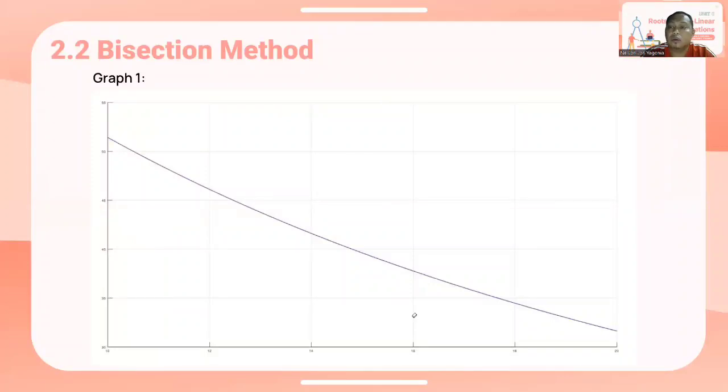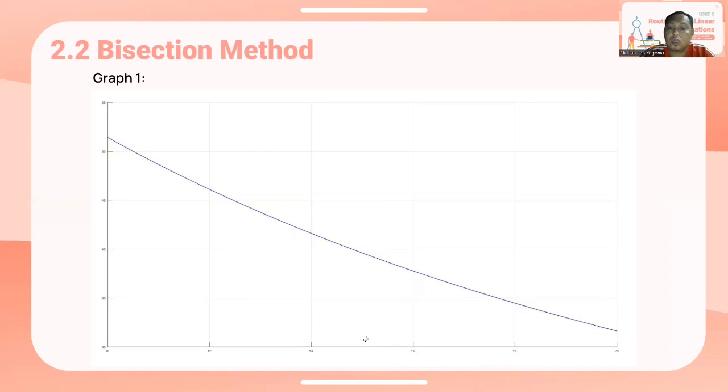Then, this is the graph for that example. As you can see, the y-axis is the velocity of the parachuter, and the x-axis is the drag coefficient.